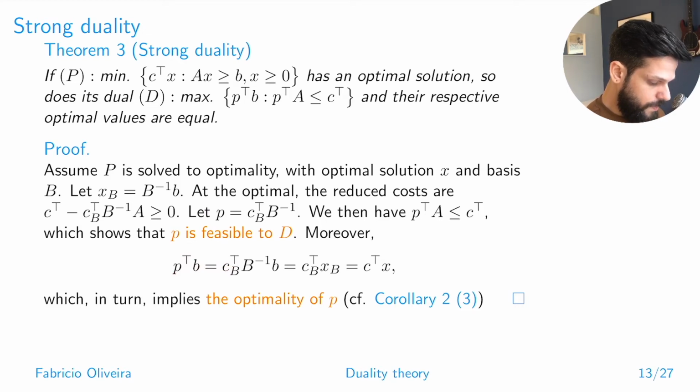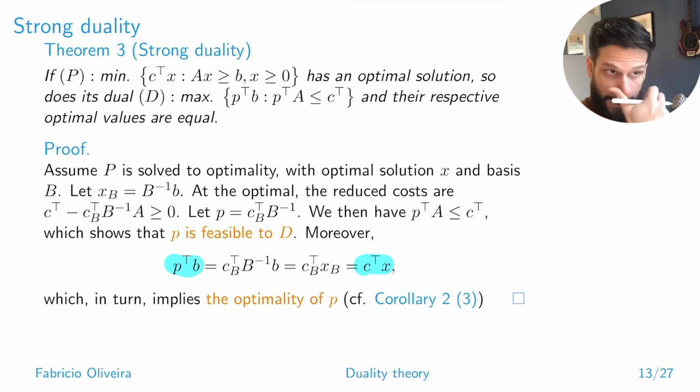We know that this is X_B, so we get this. And we know that non-basic variables are zero anyway, so what's causing the objective function value is just the original c_B X_B. So we just showed that this is the case.